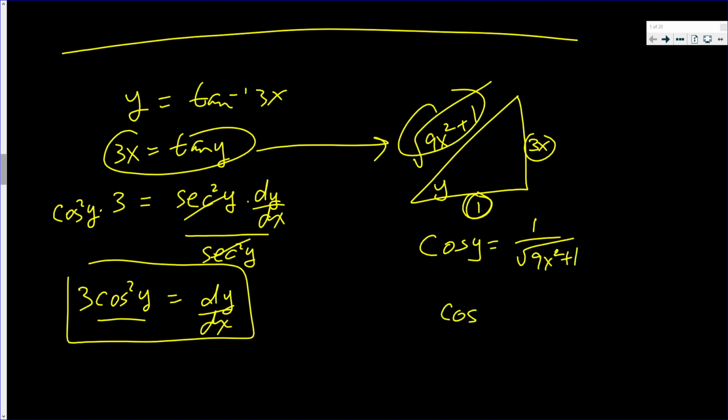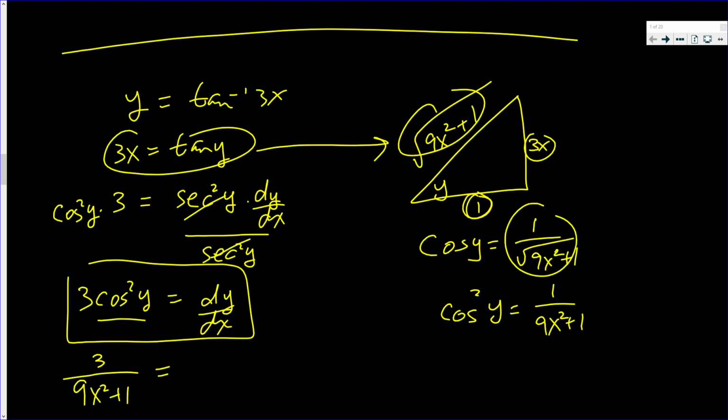So cosine squared y will be this squared, which is this. So we get 3 over 9x squared plus 1 is the derivative of tan inverse 3x.